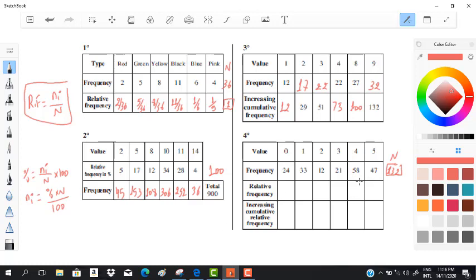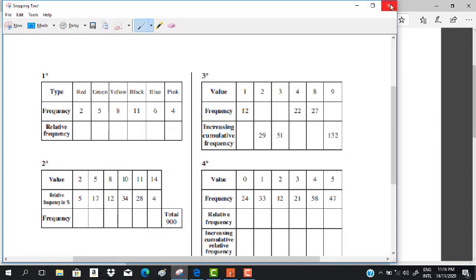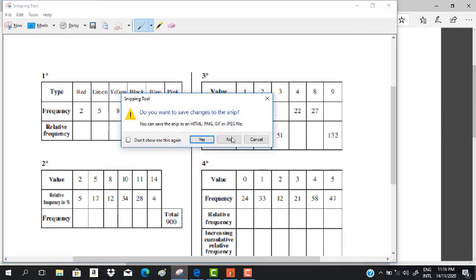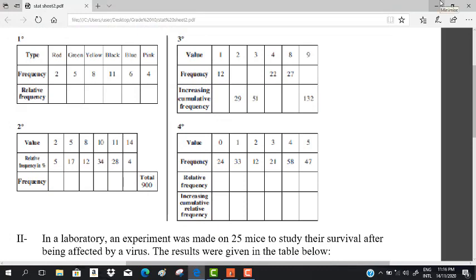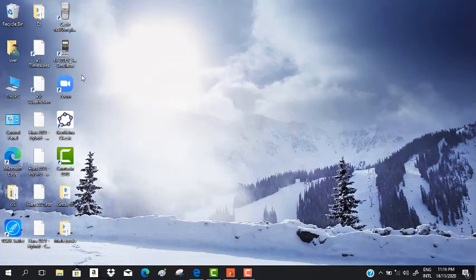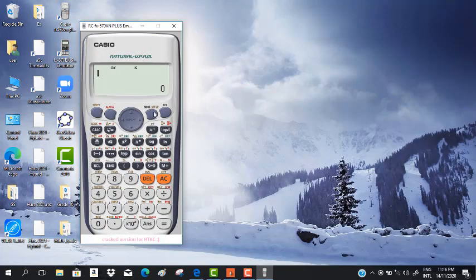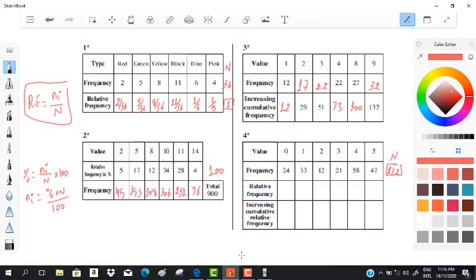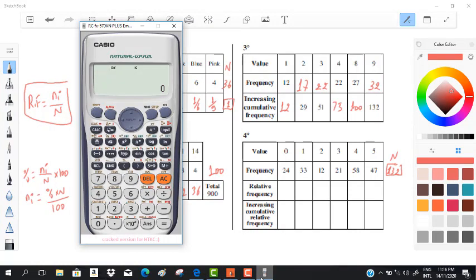So I'm gonna use the calculator. 24 divided by 132, the answer is 0.1818.